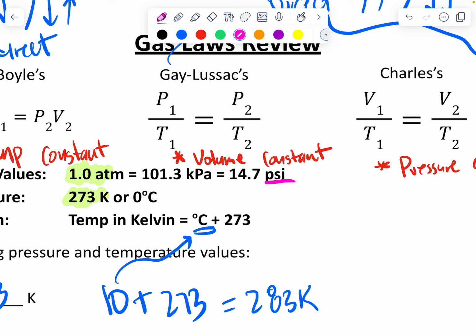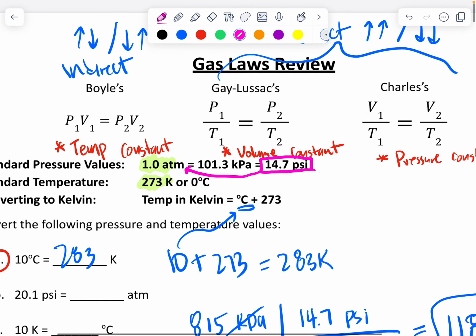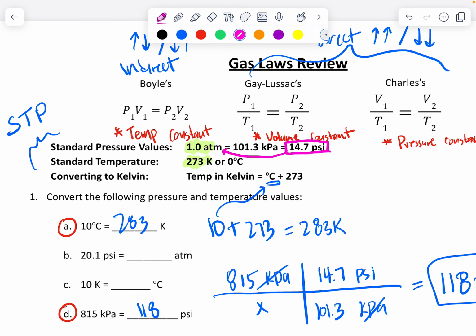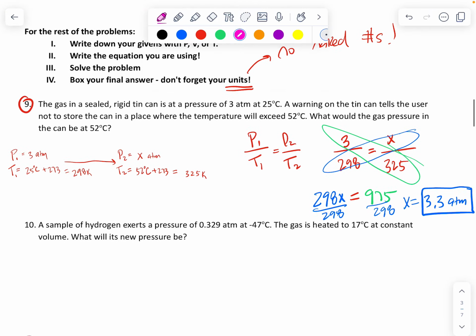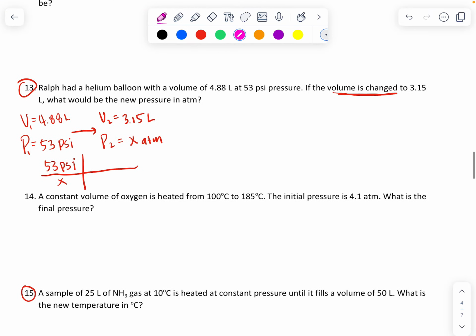So here's 14.7 PSI going to 1 atmosphere. So that's what the conversion factor is. Every 1 atmosphere, there's going to be 14.7 PSI. Vice versa, every 14.7 PSI, there's going to be 1 atmosphere. So let's go ahead and bring that down. Remember, 14.7 PSI to 1 atmosphere. Here we go.